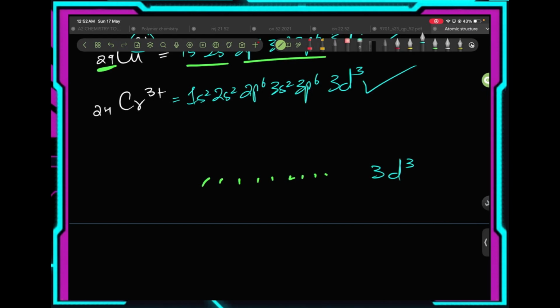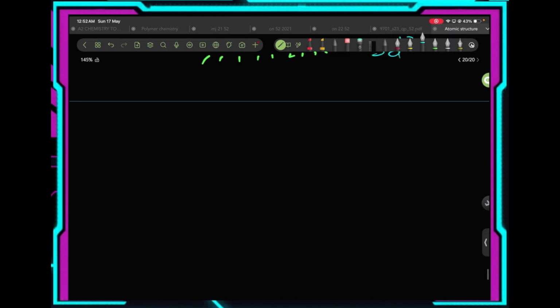So any other confusion left in the electronic configuration part? No. Okay. So you're clear on this 3d and 4s thing also? Yeah. Great. So let's move on to another thing. This is another electronic configuration known as the shorthand electronic configuration.